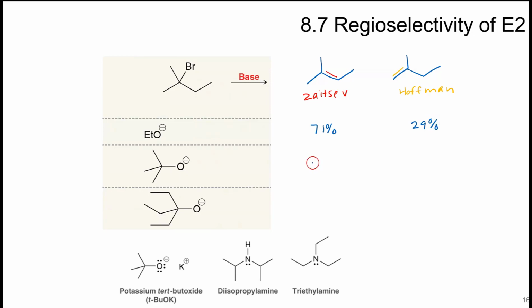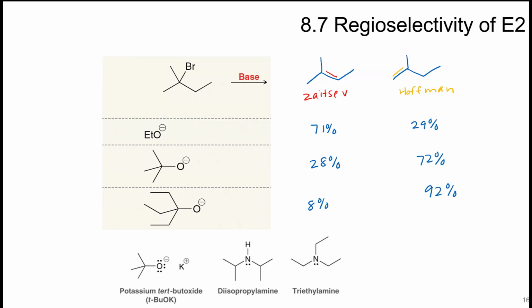If you use tert-butoxide, you will have 28% versus 72%. If you use this big guy, which looks like a tert-butoxide except it has extra carbons, it is 8% here, 92% here. So potassium di-tert-butoxide, diisopropylamine, trimethylamine. These are different bases that you can use.